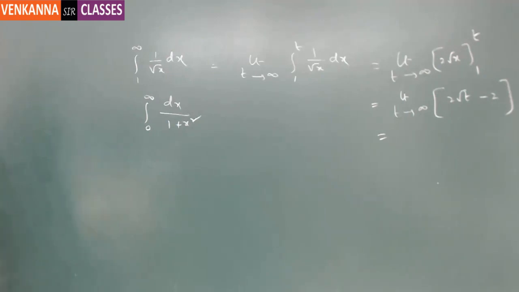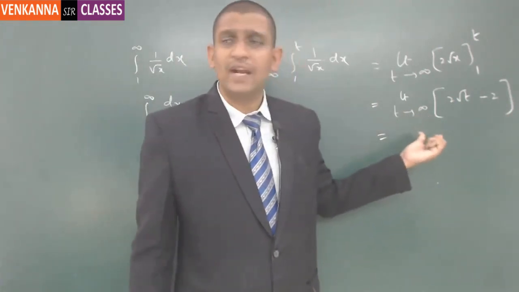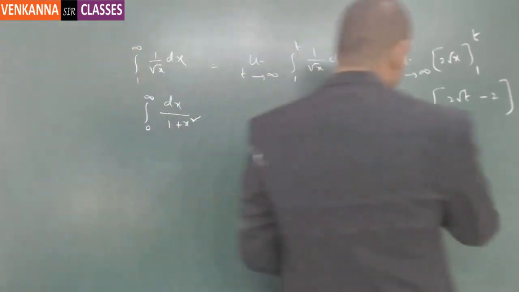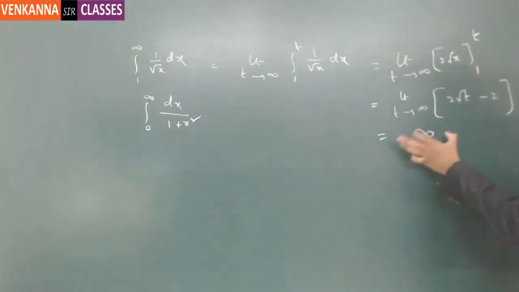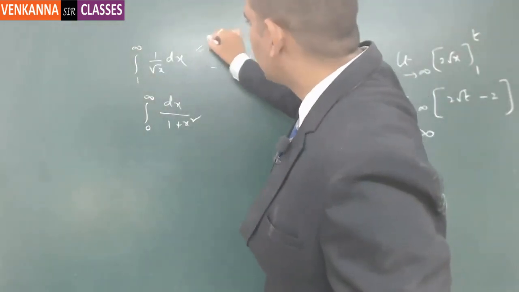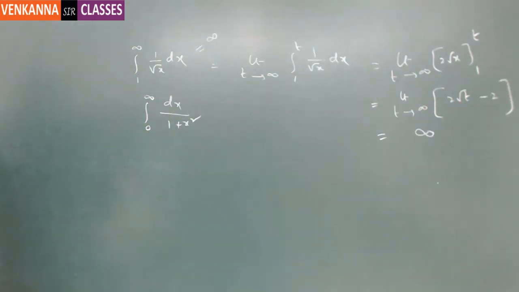Right. So if you apply t tends to infinity, what is this value? Is it infinite or finite? Infinite. So this value is infinite. So integral 1 to infinity 1 by root x dx is also infinite. That is the solution. The integral is divergent, in other words.